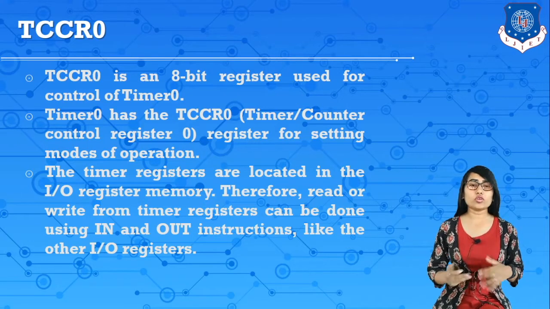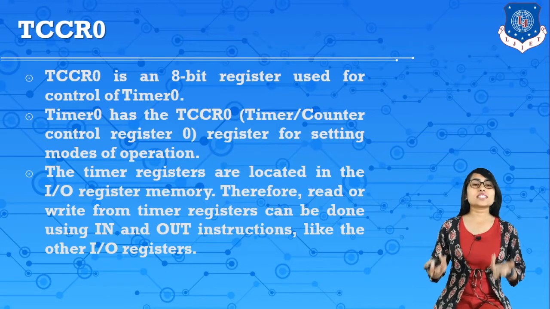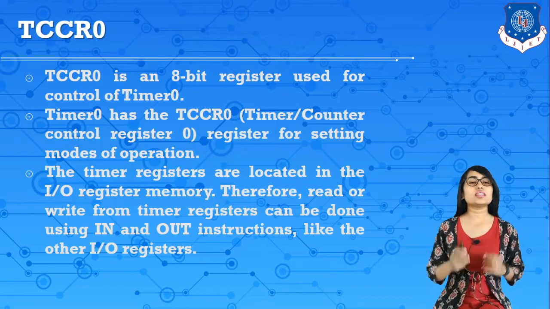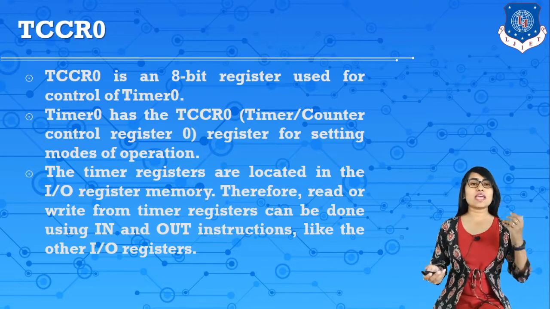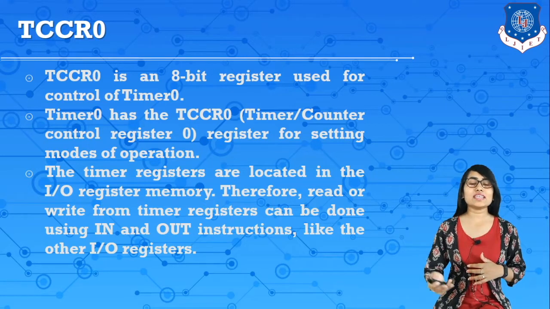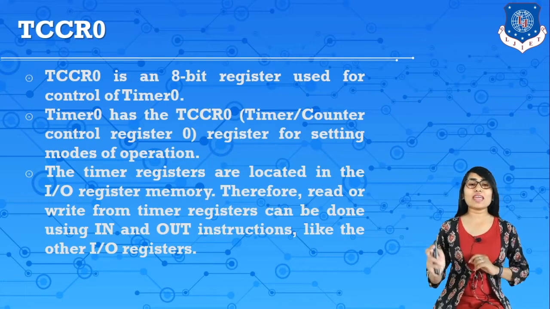In counters there are varieties of modes, so to set that mode we have a TCCR0 control register. The timer registers are located in I/O register memory. Therefore, read or write from timer registers can be done using IN and OUT instructions like the input output registers. So to send any value to TCCR0 or TCNT0, we have to use IN and OUT instructions.